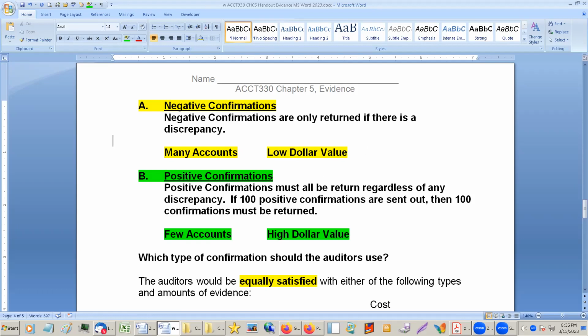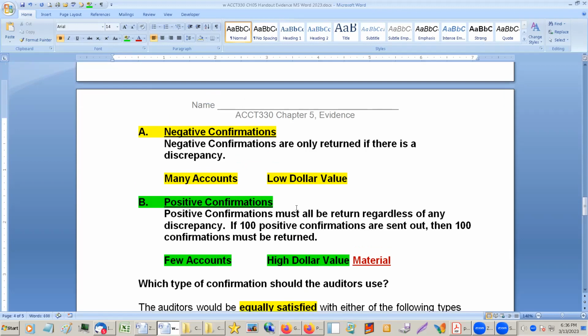Positive confirmations are when they're high dollar values. So each one of these accounts may be material. If each of these accounts is material, you're going to want to get those back. So if these accounts here are under $200, okay, if one doesn't show up, that's not that big a deal.